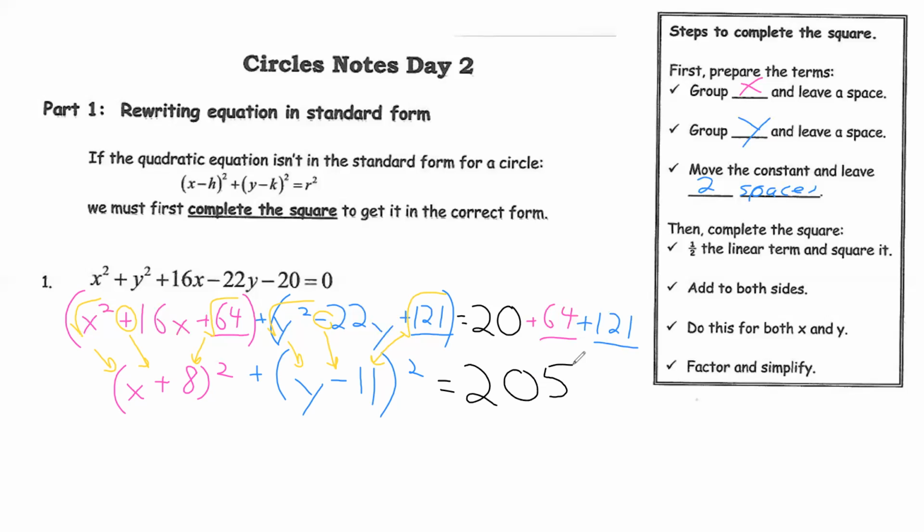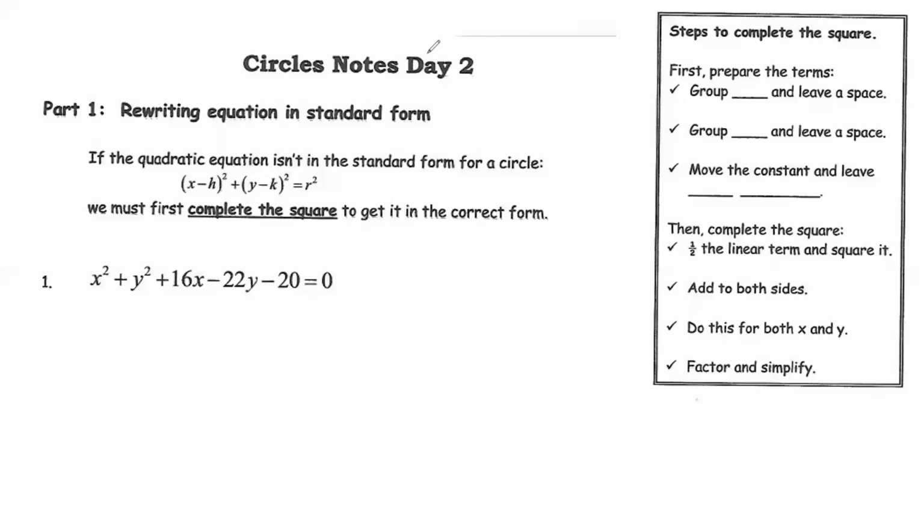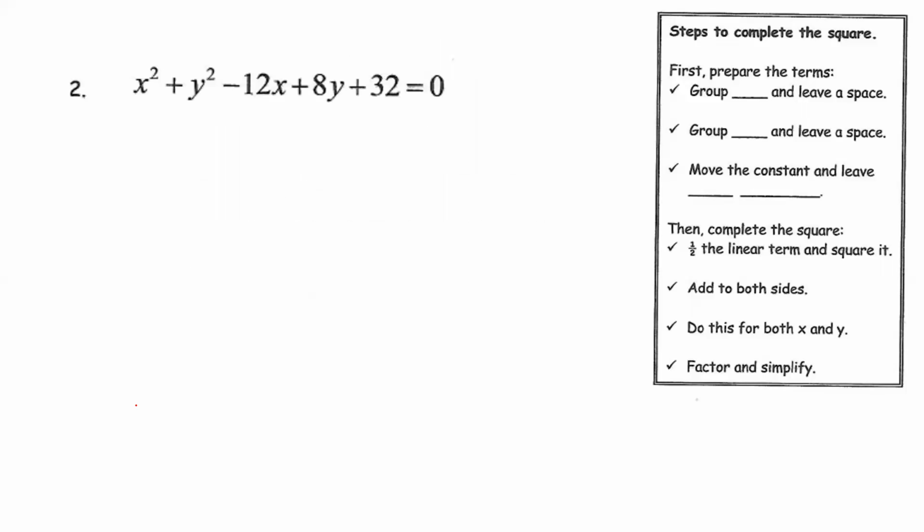All right, let's do it again. So we have our equation, again rewriting it. We have our x values, x squared, we have our 12x, and then we're going to have some unknown value.